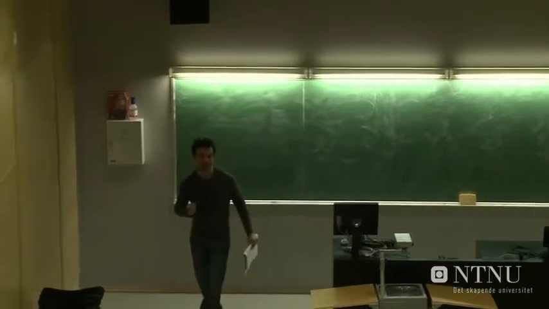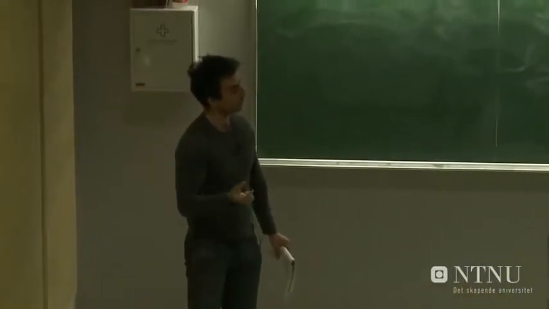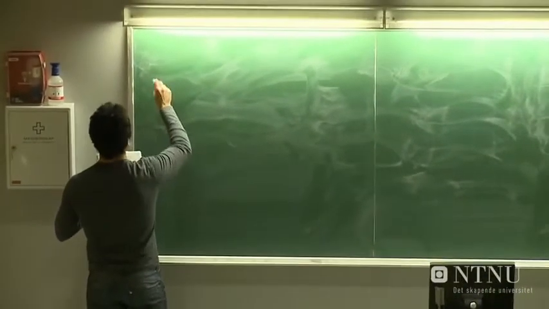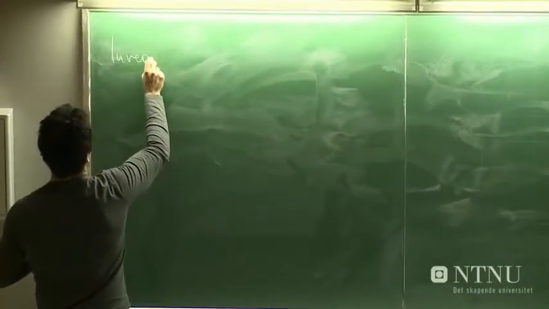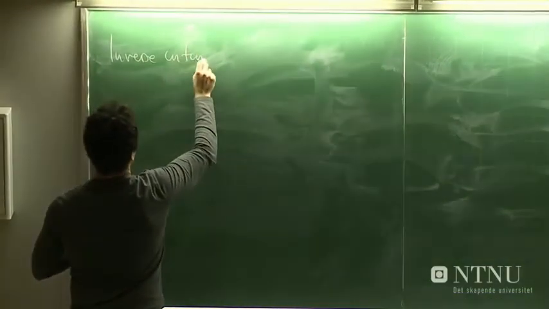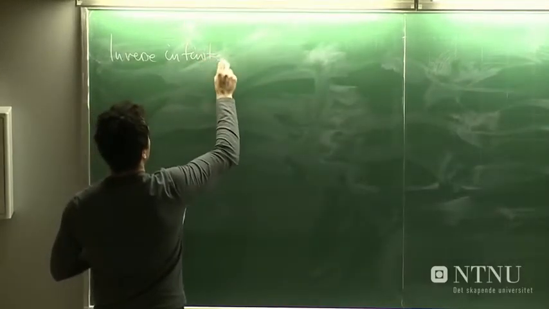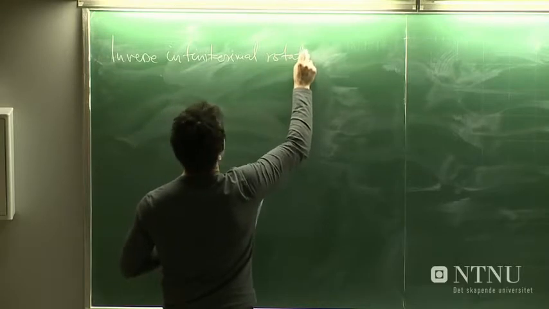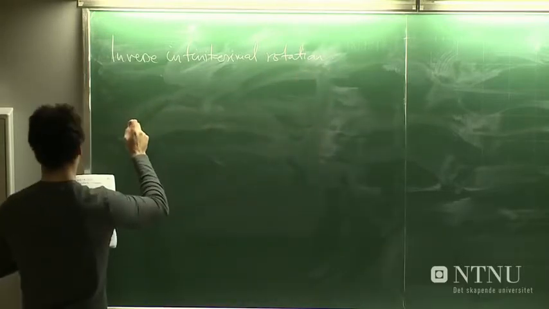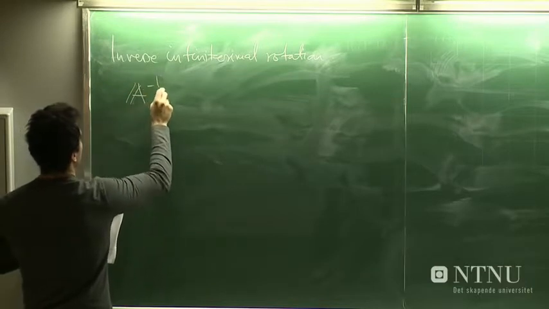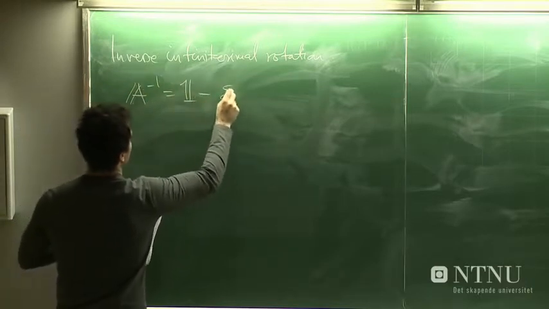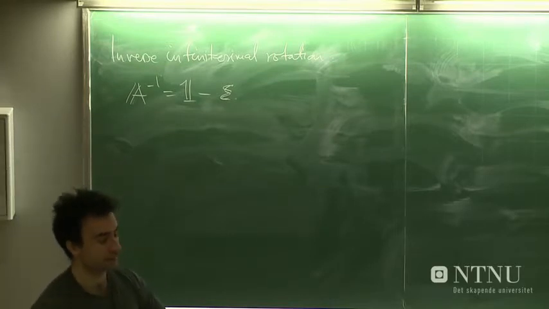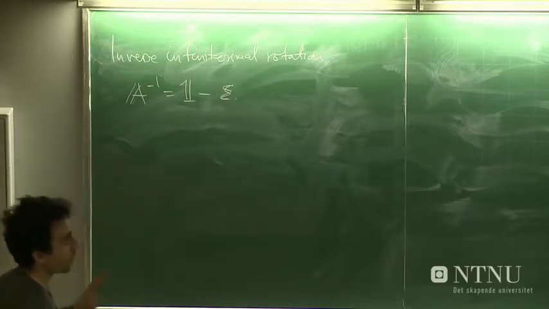So one advantage of these infinitesimal rotations is that they commute. But they have another quite nice feature, and that is that the inverse of an infinitesimal transformation is just 1 minus epsilon.